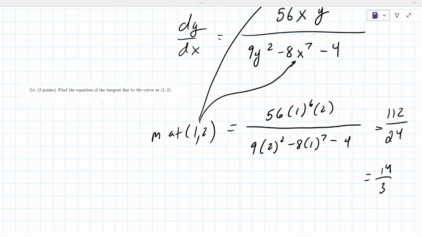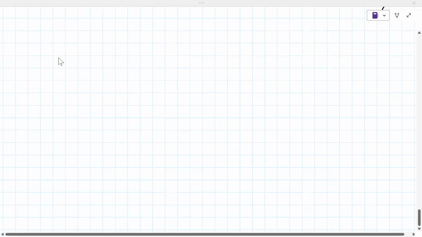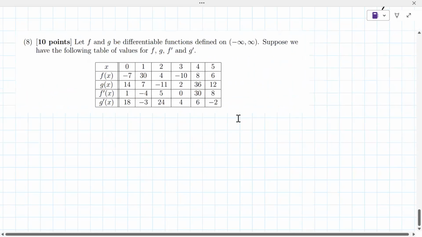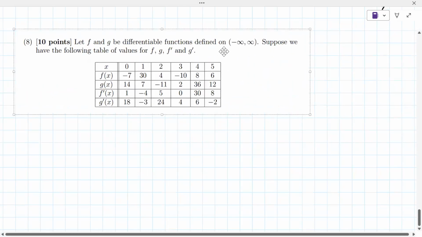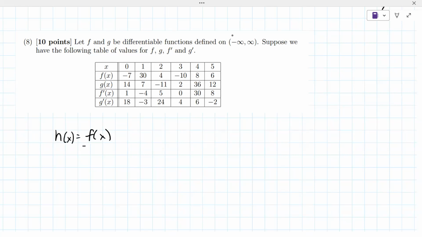So this is a classic sort of calculus problem. They give you a table like this. Have you seen a problem like this before? Yeah. And then they tell you that h of x is f of x over g of x, and they ask you to find h prime of 3, for example, which is a quotient rule derivative.